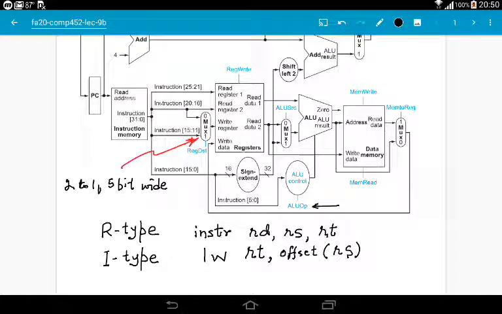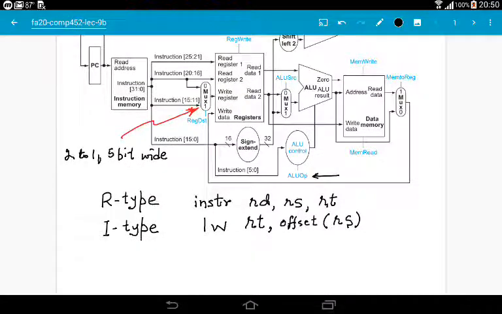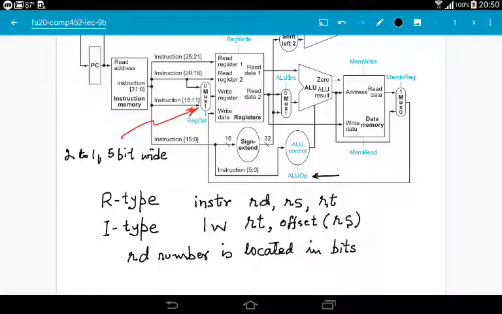Why don't we have RD here? The reason is that the RD number is located in bits 11 to 15 of the instruction.